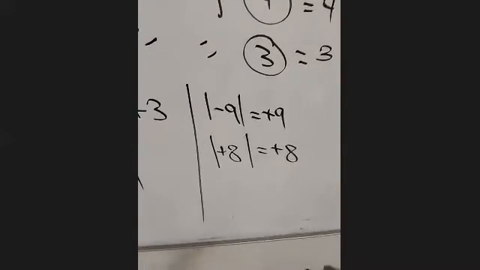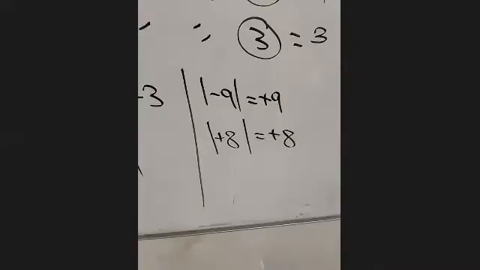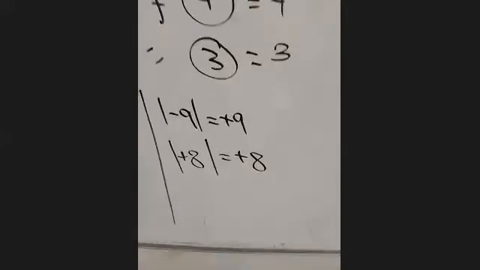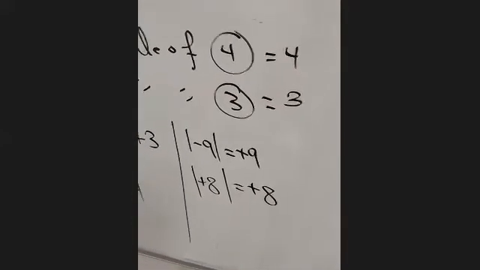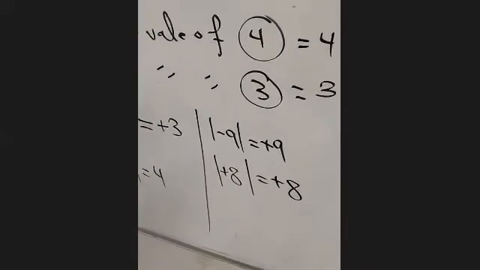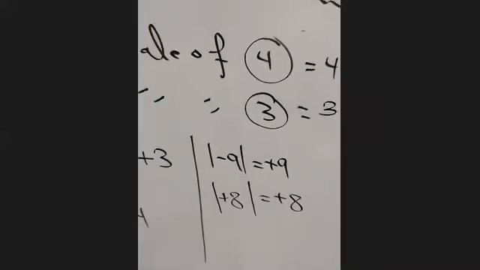What is the absolute value? It is the distance. Do you know what's the meaning of the distance? Yes, between the integer and 0. Okay, thank you.